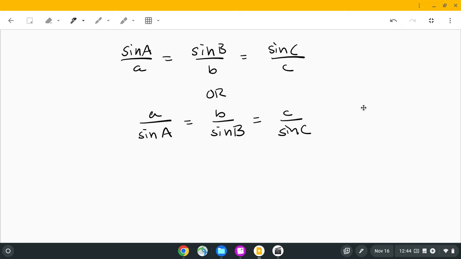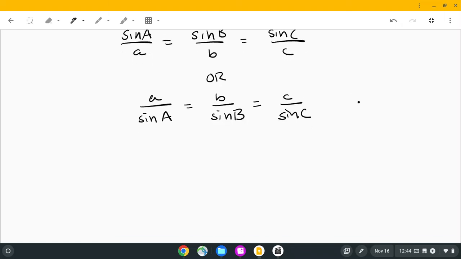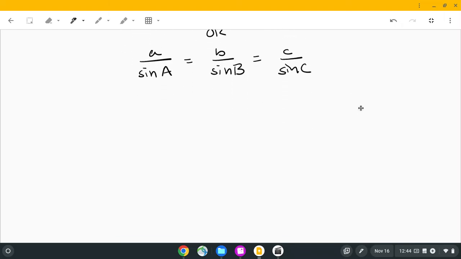If I'm solving for an angle, uppercase letter, then I would use one of these. But it doesn't matter. You could still use one or the other. Okay, so let's take a look at some examples.